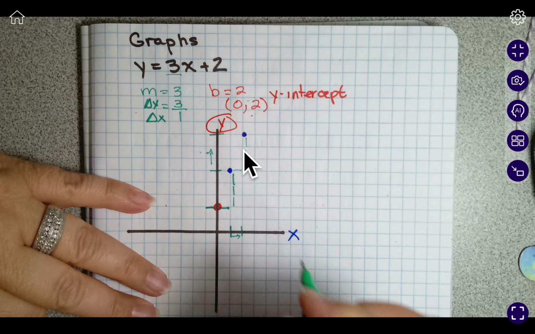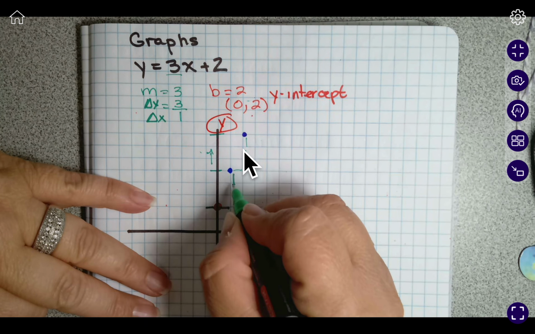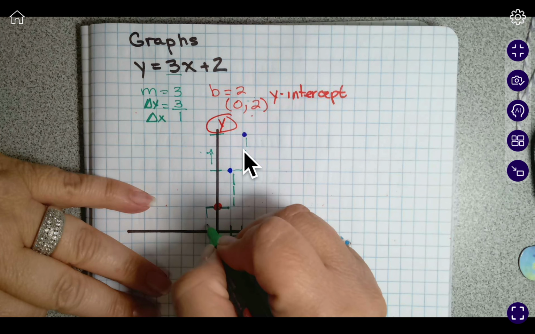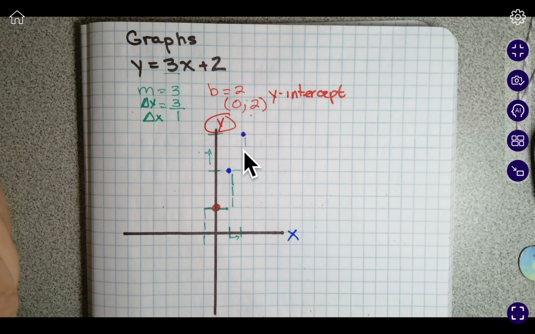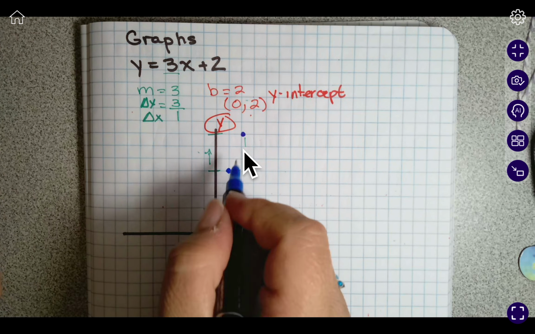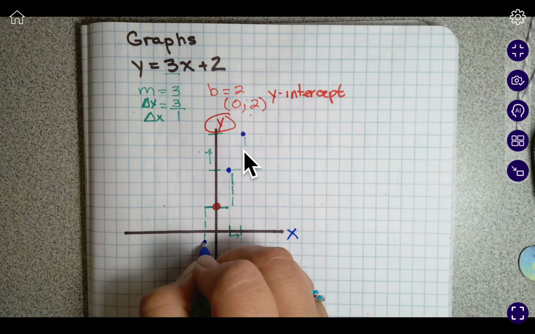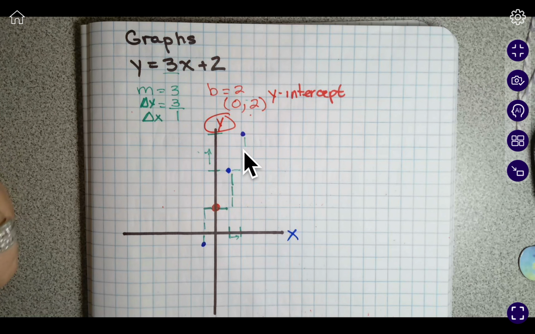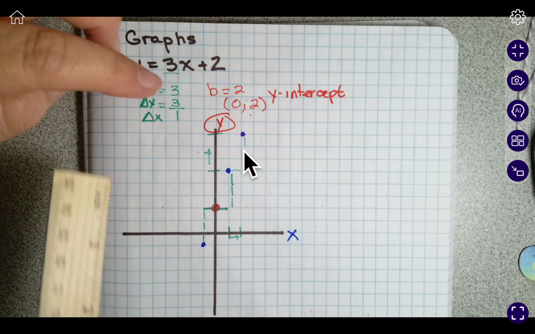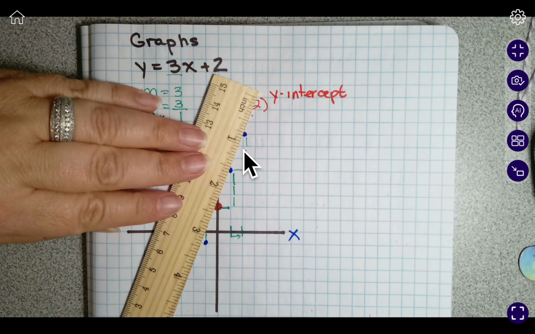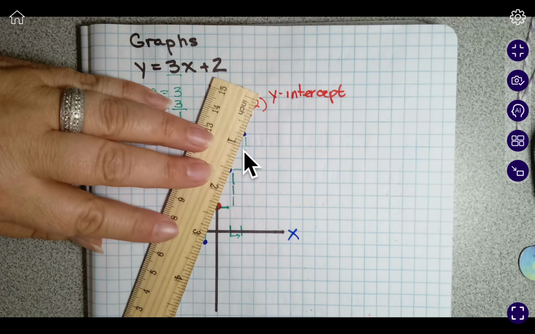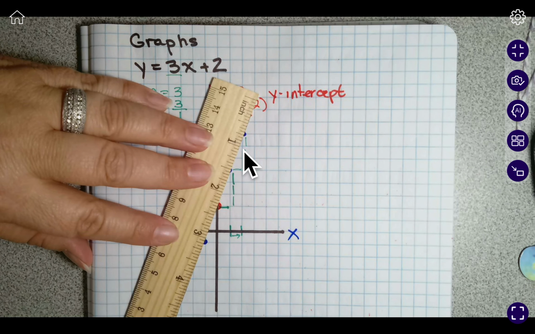If we go back 1, then we have to go the opposite direction. 1, 2, 3. And if you did this part correctly, it should line up. Technically, if you're only trying to graph, you only need 2 points. You would just need these 2, and then you could draw your line, because the rest of them will line up.